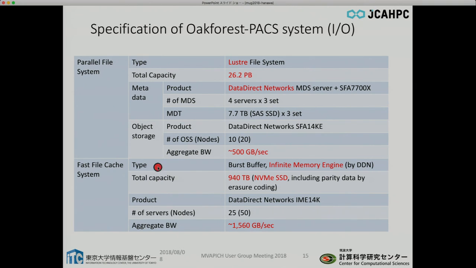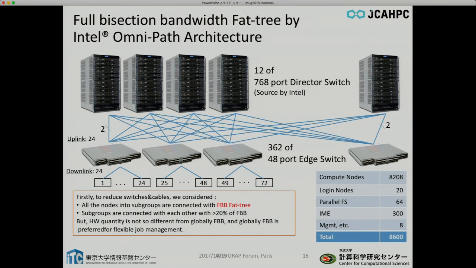And so this is the storage part. As I mentioned, this system has a full bisection bandwidth configuration. So we introduced the 12 director switches of the Omni-Path, and each switch is over 360 for each compute node rack.